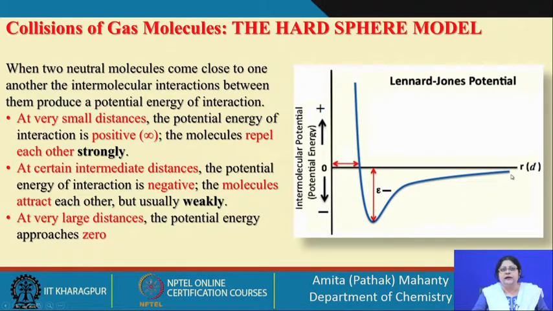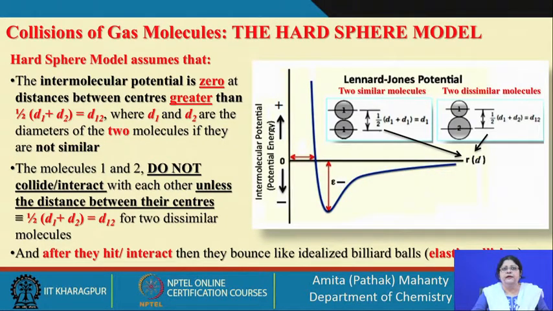Then the potential energy approaches 0. This is what we look into when talking about gas molecules colliding, and the basis on which we derive their collision frequency and other parameters. The model we are looking into is known as the hard sphere model, and this hard sphere model assumes certain things.